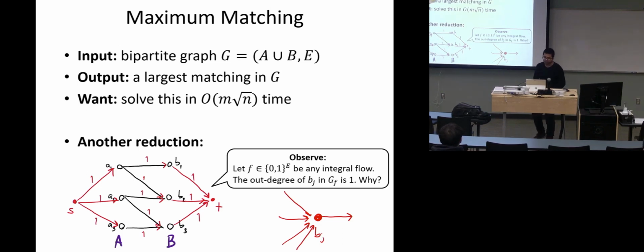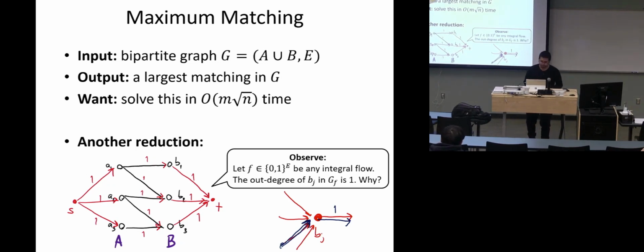Exactly. So you know that the capacity of this edge is 1. So if there is some flow that goes through BJ, the flow can come from only 1 node and go through BJ. There cannot be more than 1 ingoing flow. But if that is the case, then in the residual graph this edge would be flipped, and this edge would be flipped, and the outgoing edge would be 1 again. The out degree would be 1 again.